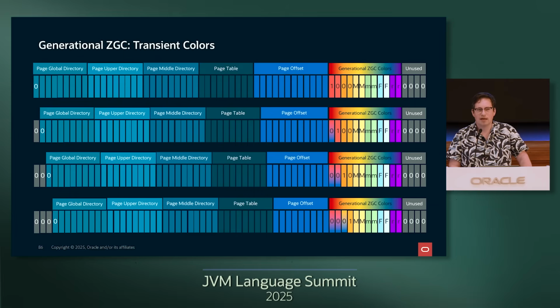With 8-byte alignment of objects, the low order 3 bits are always 0. And therefore, there's no ambiguity whether these zeros belong to the address or the color, because both interpretations are correct. And yeah, this is what allowed us to make efficient load barriers in generational ZGC using colored pointers.